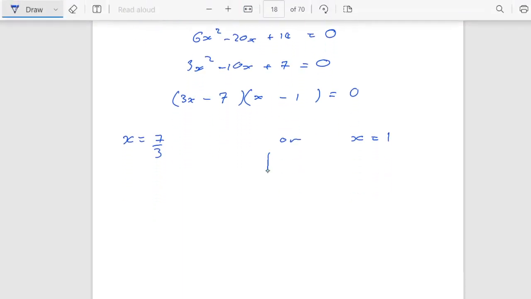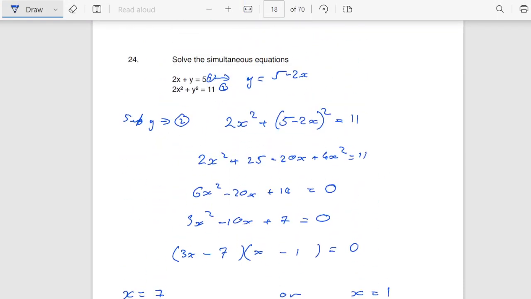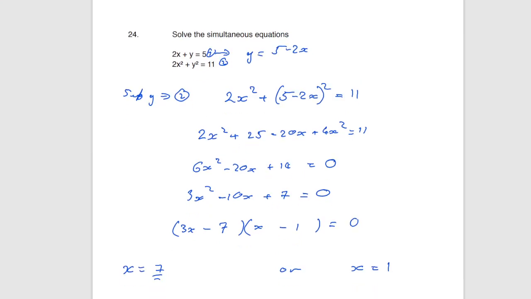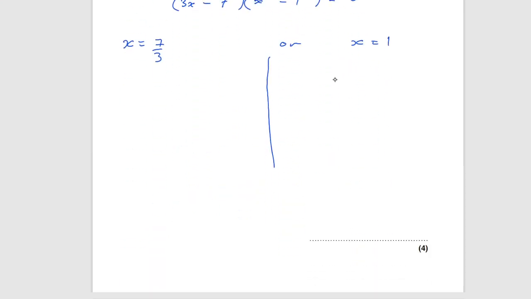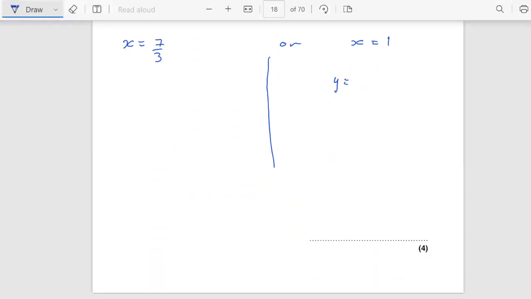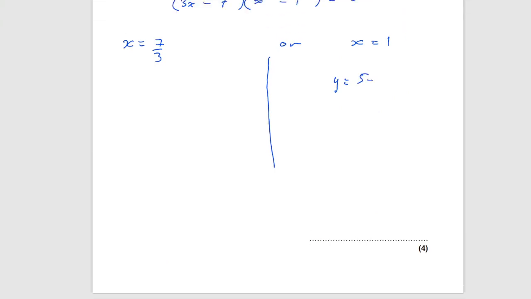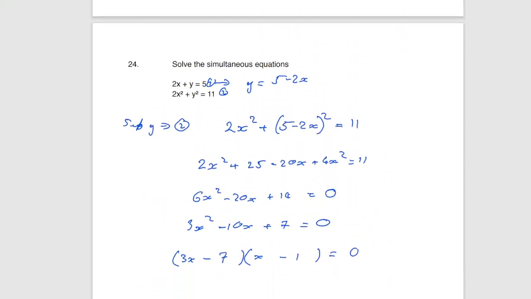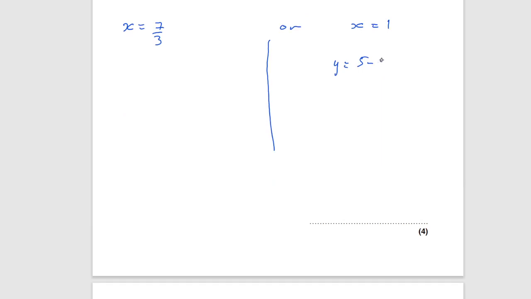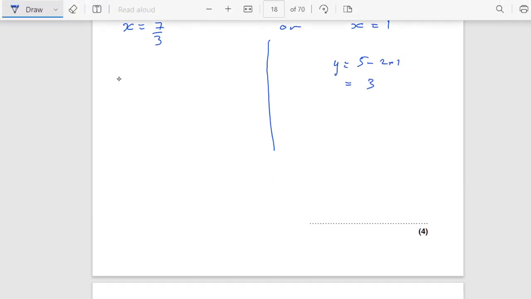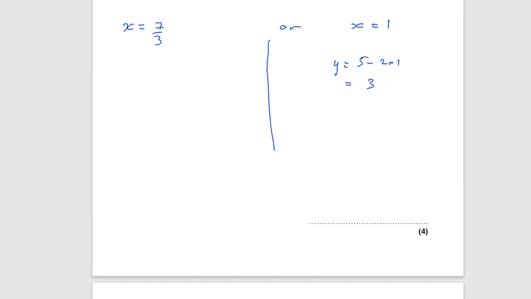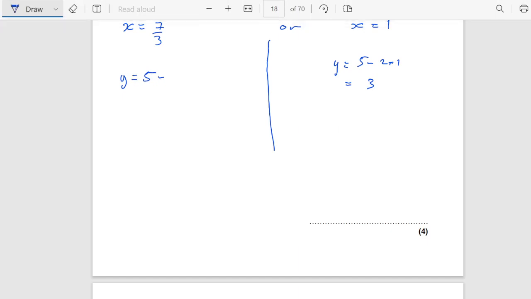So I'm going to get a pair of solutions. If x is equal to, I'll do the easier one first, if x is equal to 1, y would be equal to 5 minus 2x, so 5 minus 2 times 1, that would be equal to 3. If x is equal to 7 over 3, then y would be equal to 5 minus 2 lots of that, so 5 minus 14 over 3.